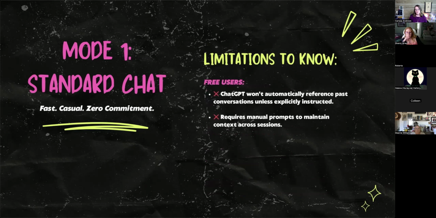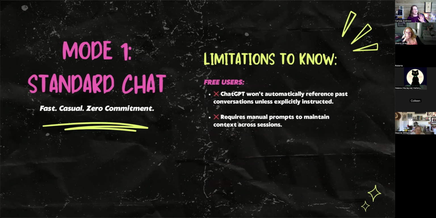Some of the limitations you do need to know is that chat won't automatically reference past conversations in the standard chat unless you specifically and explicitly instruct it to do so. And even then, the memory is pretty small. It does require manual prompts to maintain the context across sessions.